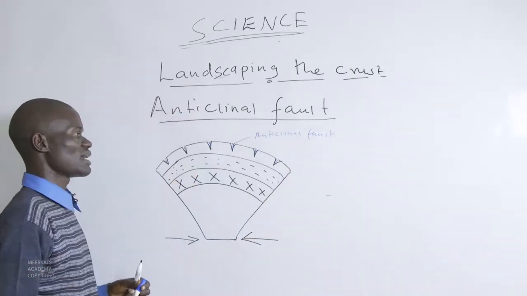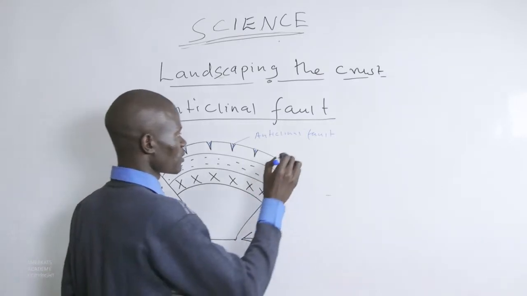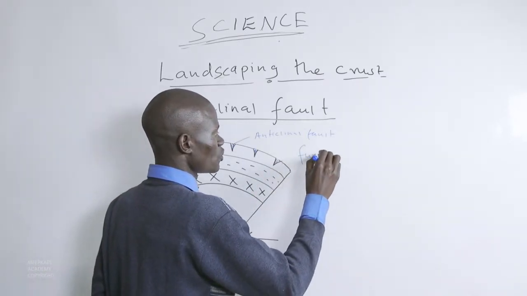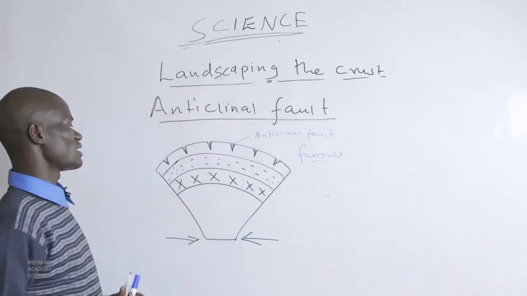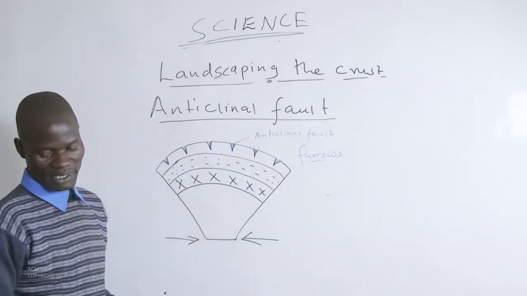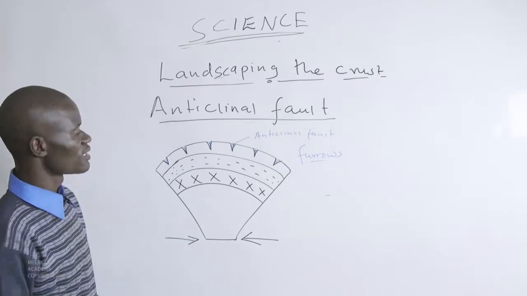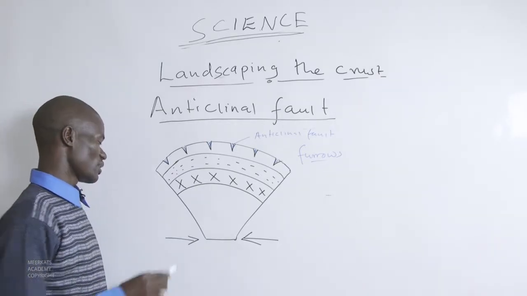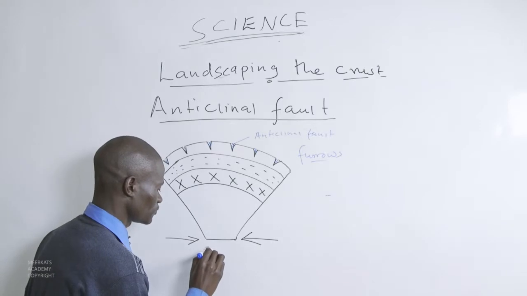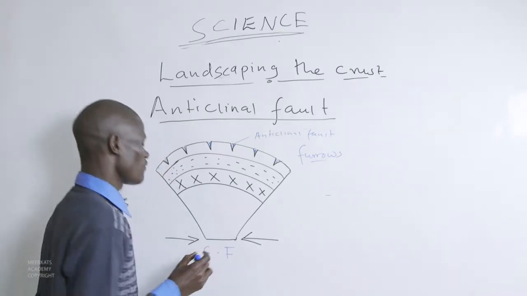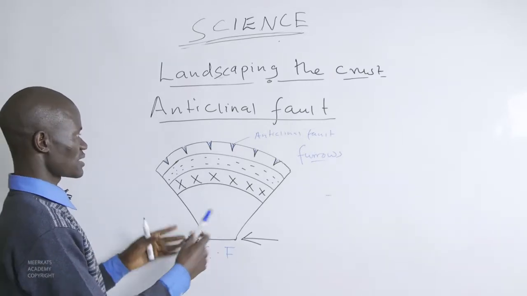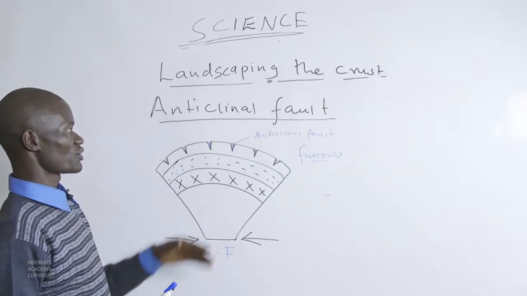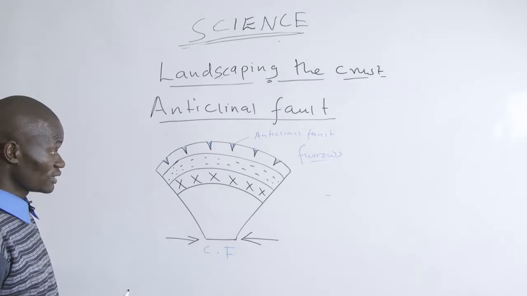Especially, we will have some massive furrows develop, resulting in a different feature that will scape the land alongside the forces. The compressional forces are working on both sides of the earth crust, therefore producing what we call the anticlinal fault.